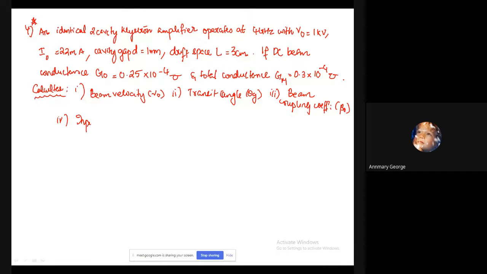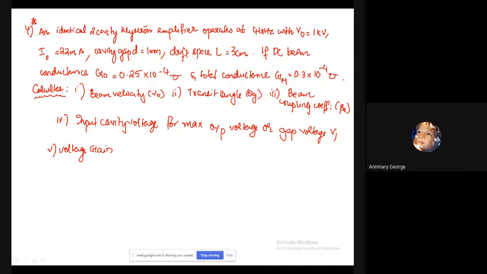Then the input cavity voltage for maximum output voltage or gap voltage V1. Then the voltage gain, and finally the efficiency. Please write down this question. Have you completed this question?